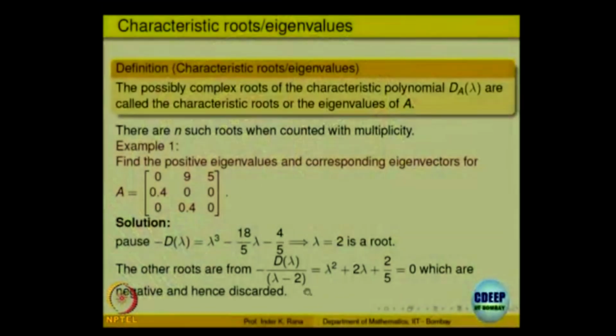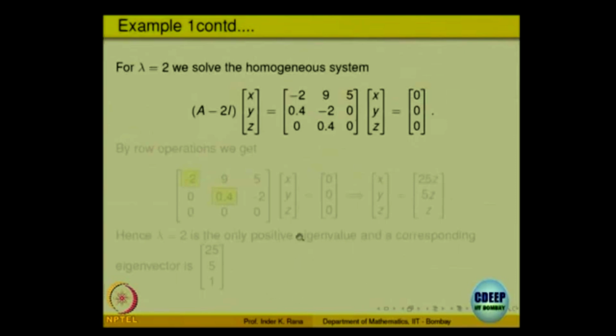So, here you find 2 is a root and all other roots are negative. So, let us look at only lambda equal to 2. I am just giving a process for finding an eigenvector for lambda equal to 2. You will do this for all eigenvalues.